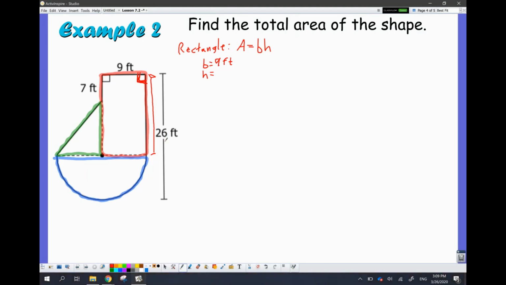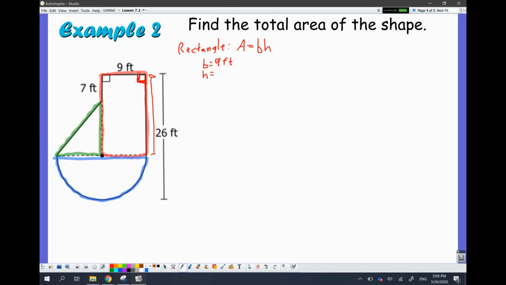So I need to break this apart then. I need to separate this so that I have only the part of the rectangle, which means I'm going to have to work with the semicircle a little bit. So what can we do here? Well, let's start by finding this out. If I know that for the semicircle, I'm going to have a radius, right? So I need to find what this radius is.